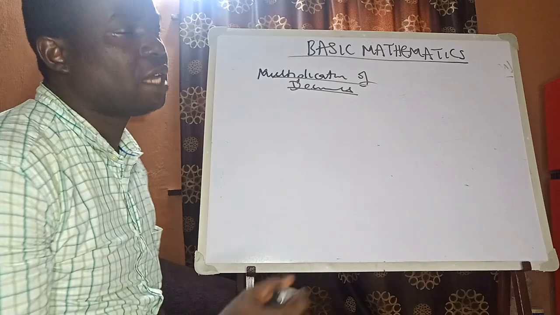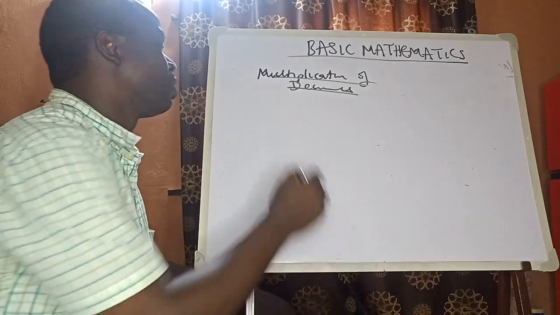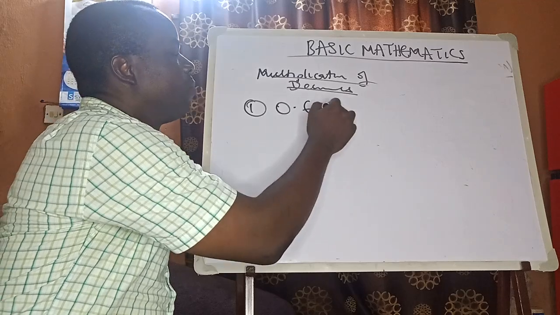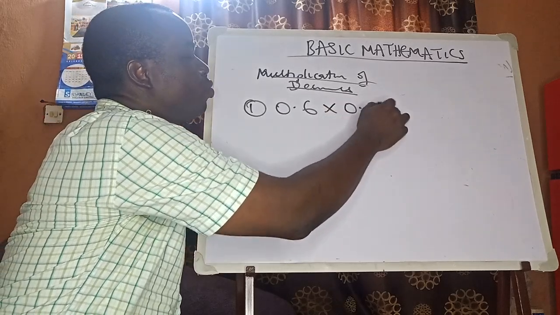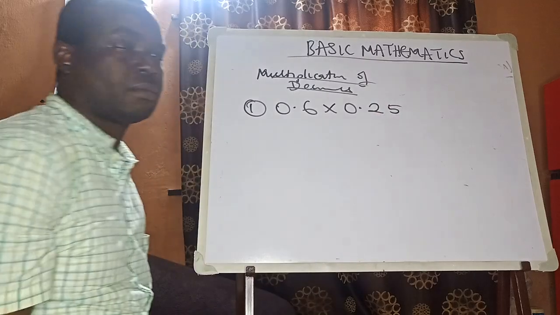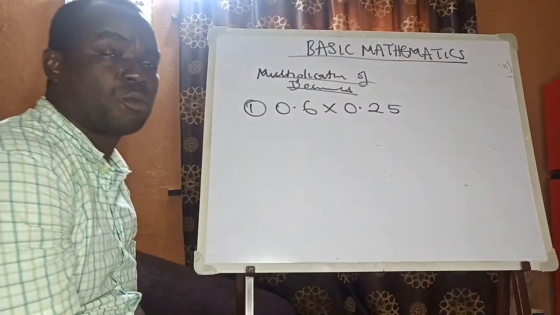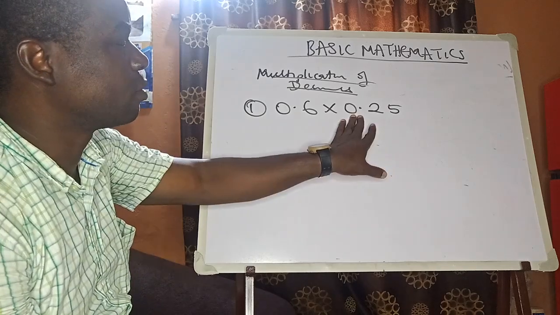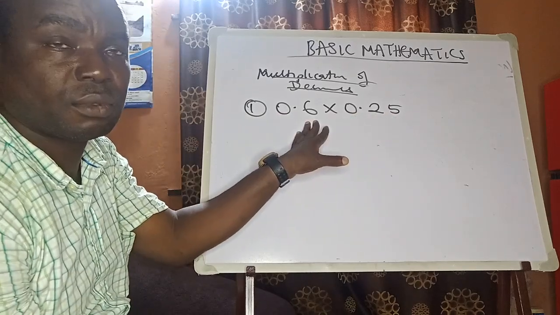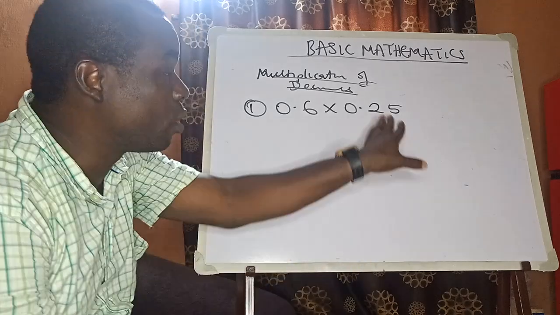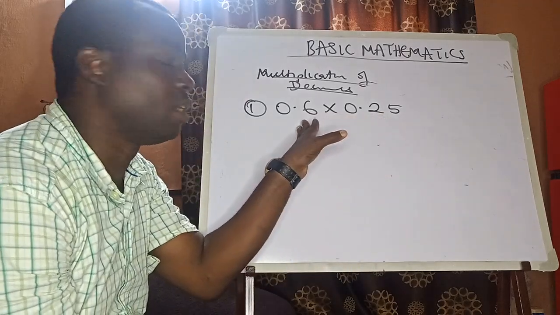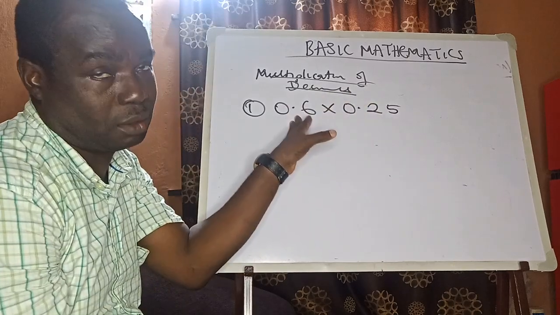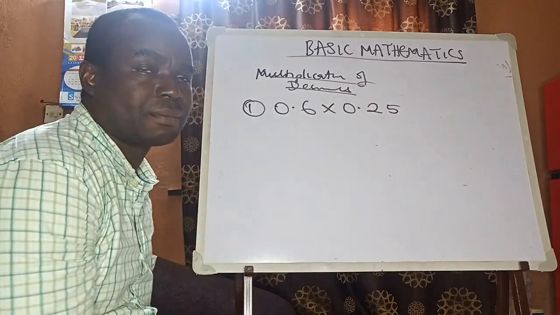Now, let me give you an example. Let us multiply 0.6 by 0.25. Let's look at this multiplication. If you want to multiply it, you can see that this one is longer than this one. It's always very important to write down the one that is longer first, but it doesn't really matter.